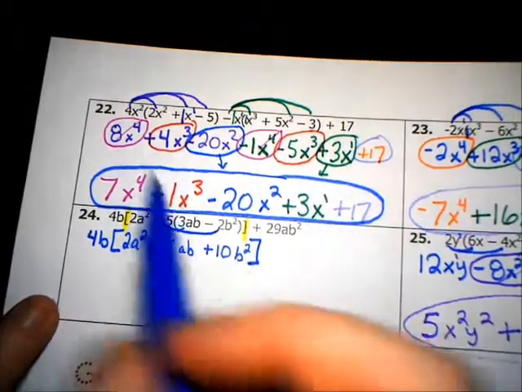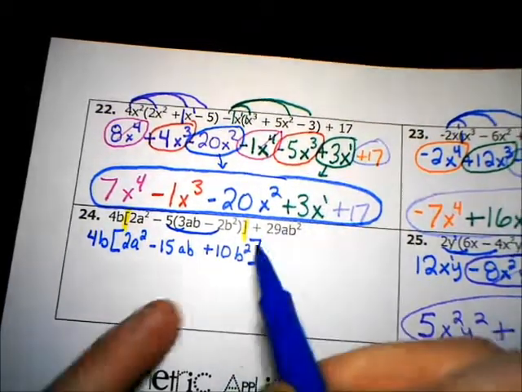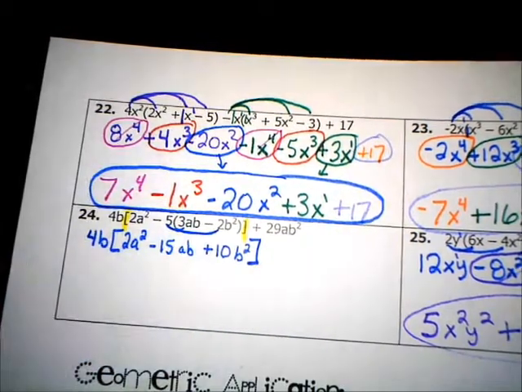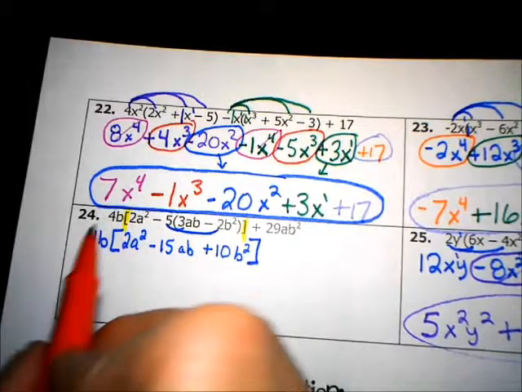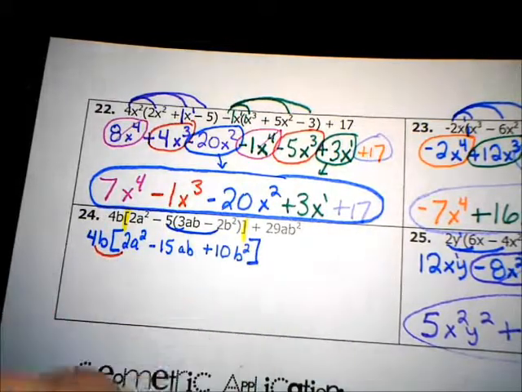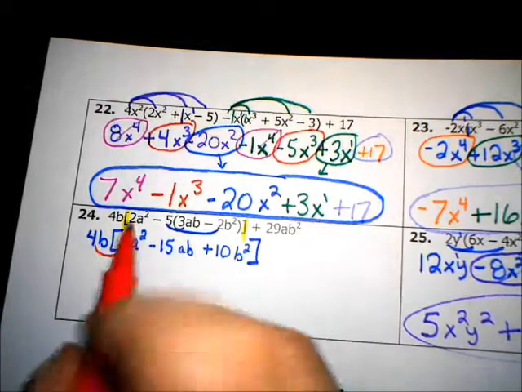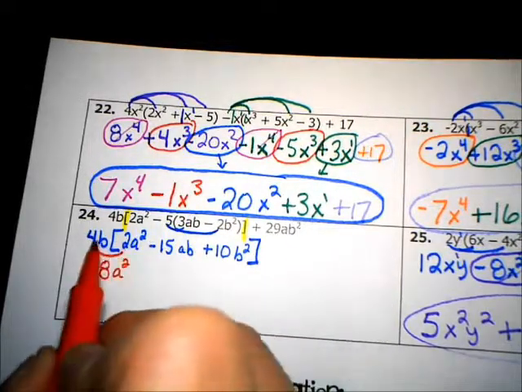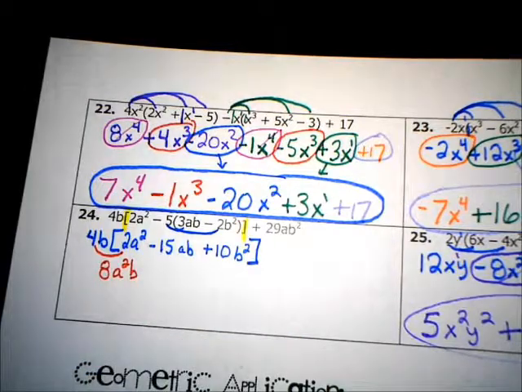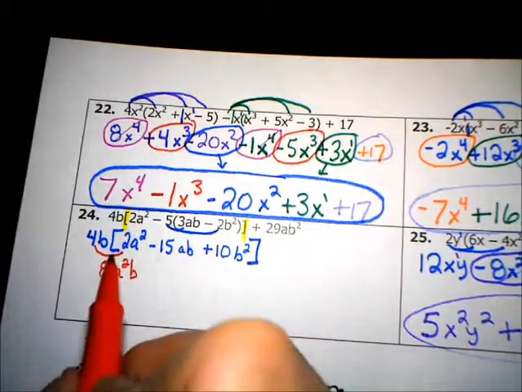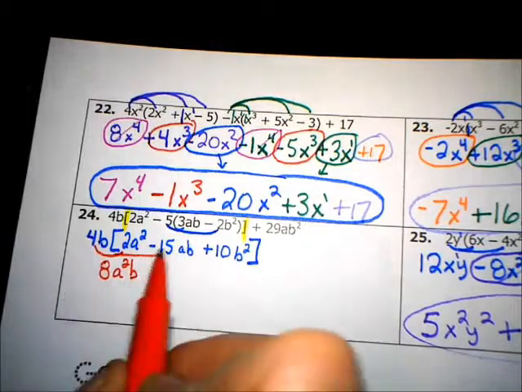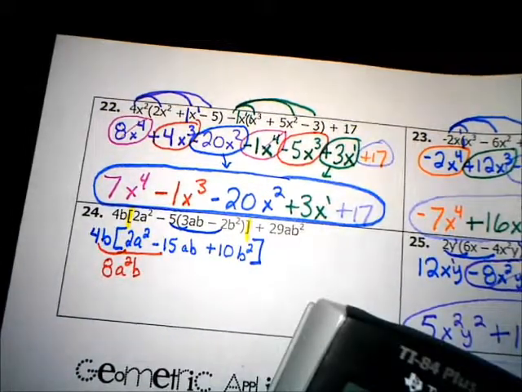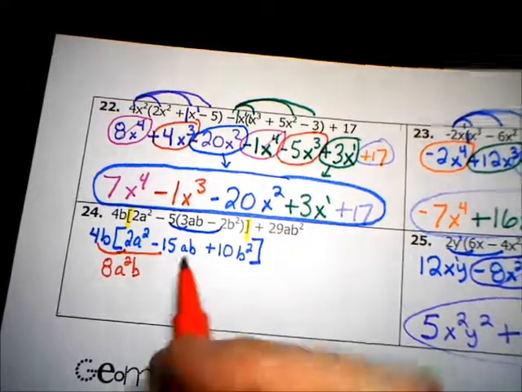Okay. Now, I'm going to treat these brackets as if they're parentheses, so that my next level, I'm now going to distribute the 4b into my parentheses. So 4 times 2 is 8, and I have an a squared, and I have a b on the outside. There's my first term. Let's go to the next one. 4 times negative 15. Well, let me make sure I don't mess up. 4 times negative 15 is a negative 60.